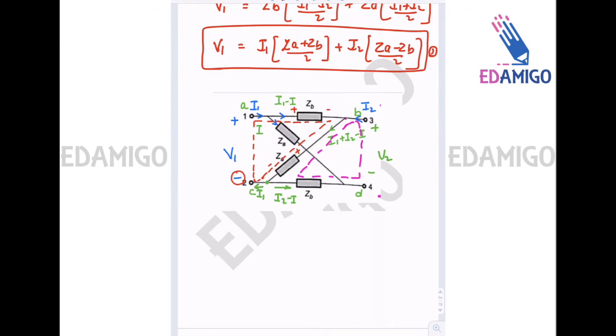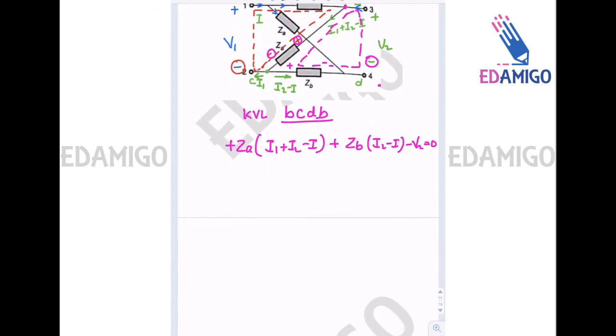Okay, so the KVL loop is BCDB. Now B to C, the drop is plus to minus, so it is plus ZA into I1 plus I2 minus I, plus minus again C to D, ZB into I2 minus I, D to C we are entering at the minus terminal, so minus V2 is equals to 0.